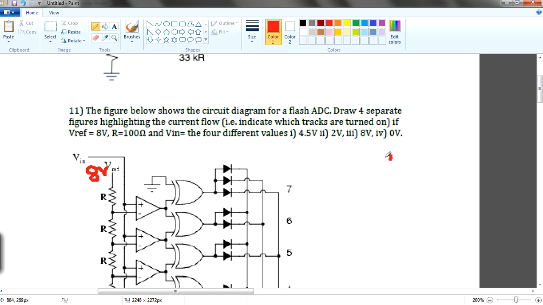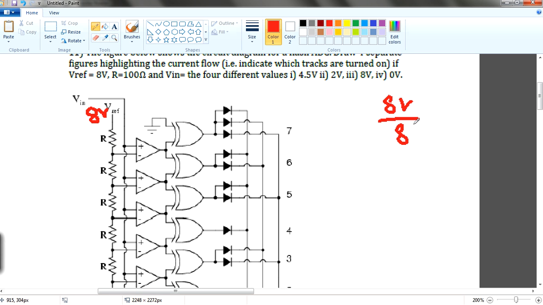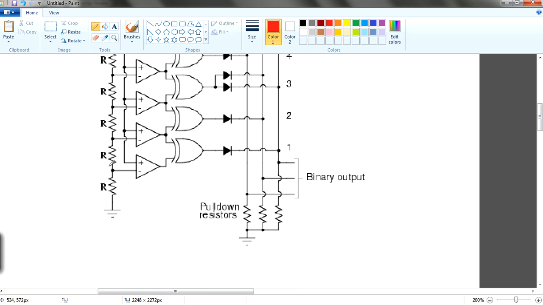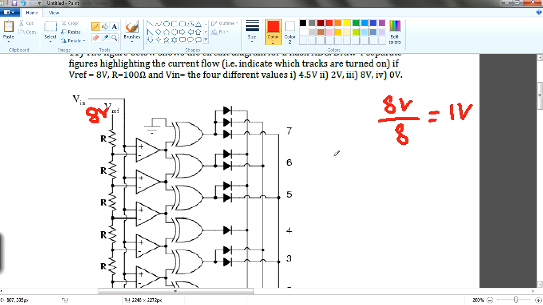So 8 volt divided by 8 resistors, they will each have 1 volt. So each resistor contains 1 volt in this case. Why? Because they are connected in series.